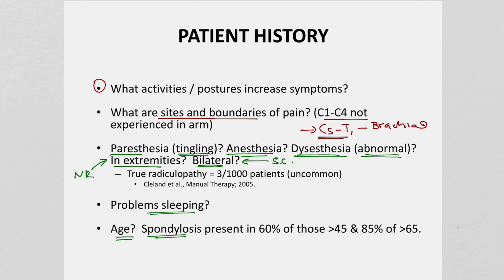And this is present in 60% of patients over the age of 45. And then as we get older, over the age of 65, this degeneration is often present in about 85% of the population. So by the time you get to about 45, you can guesstimate that you're going to have at least one spondylosis or degenerative disc, if not more than that.